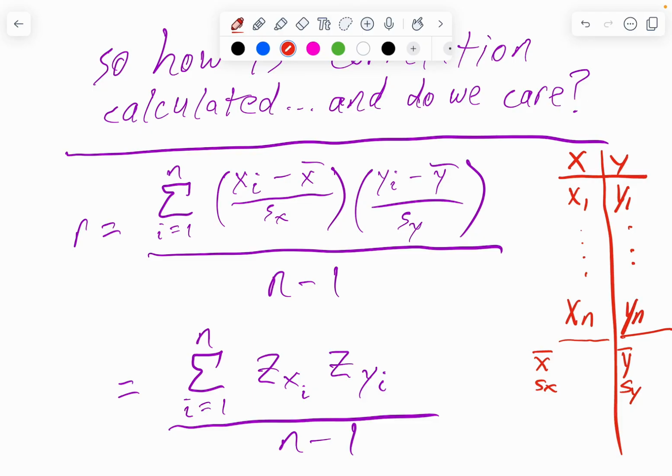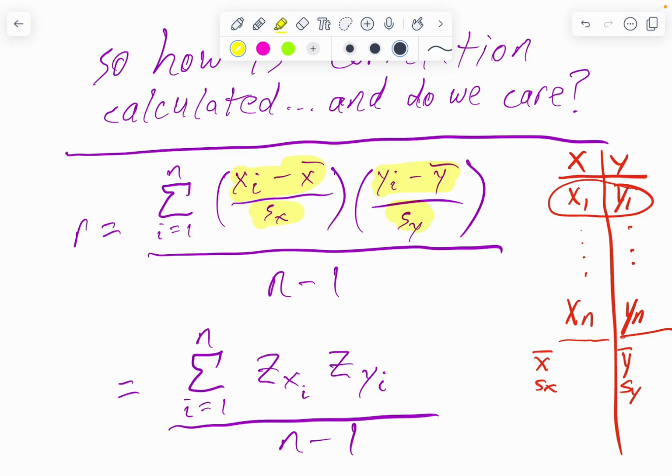Then what you do is this really long-winded computation to get the correlation coefficient. You would take the first XY pair and go up here into the formula and take that first X value, subtract the mean of the X's, divide by the standard deviation of the X's, and multiply that by the first Y value minus Y bar, divided by the standard deviation of the Y's.